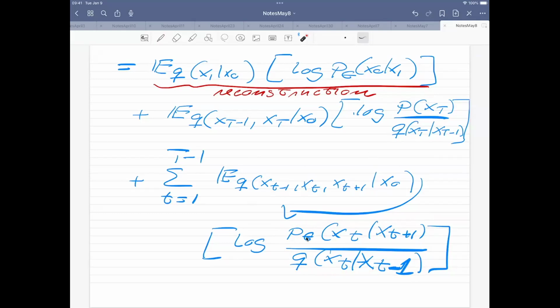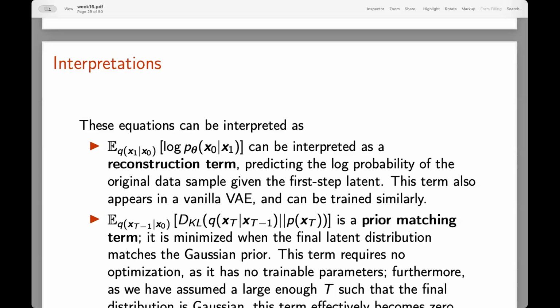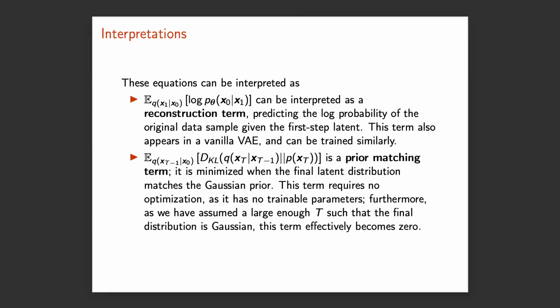So let's look back at the PDF file a little bit and see if this makes sense. Let me go back to full screen mode. The second term is a term which matches the prior, and it's minimized when the final latent distribution matches this p of xt.